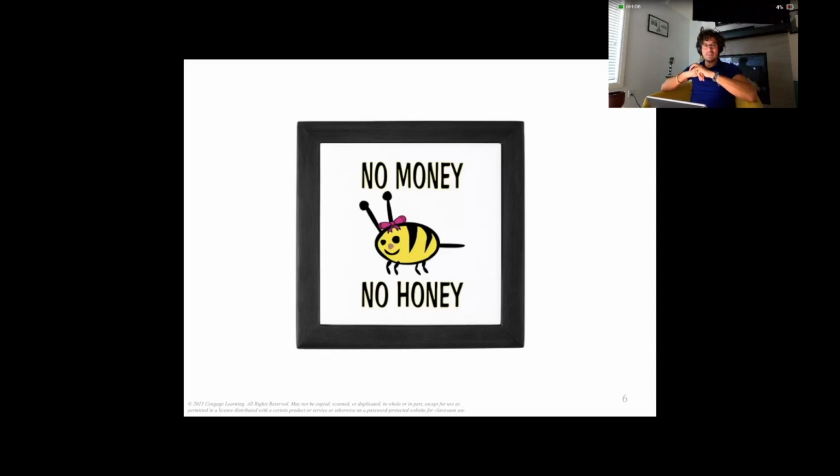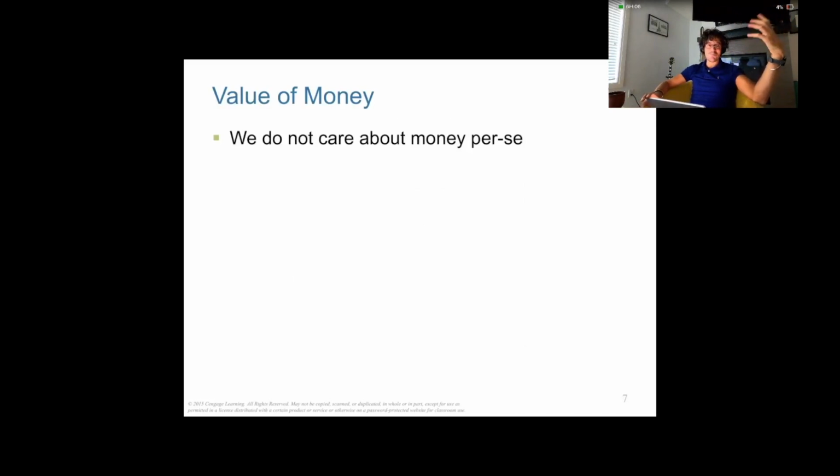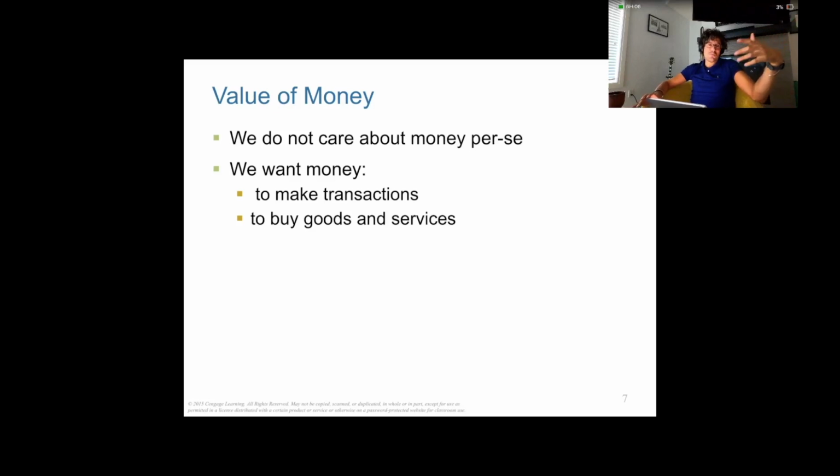So when we think about the value of money, we really think about the transactional value of money. The fact that without money, we cannot get the goods. So no money, no honey. We do not care about money per se, what we want money for is just to make transactions, to buy goods and services.